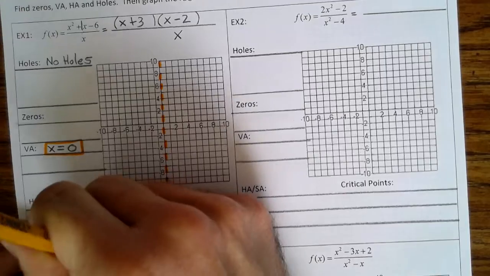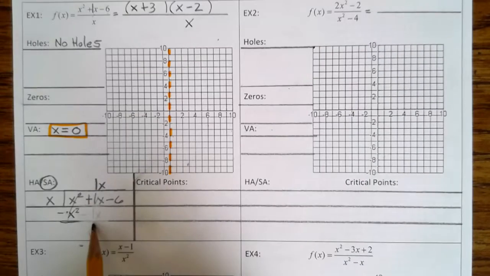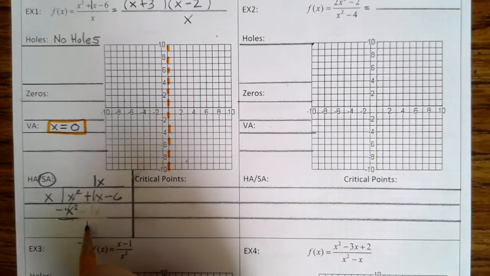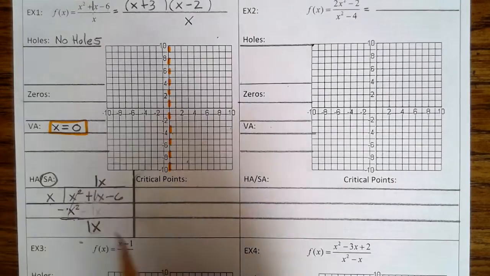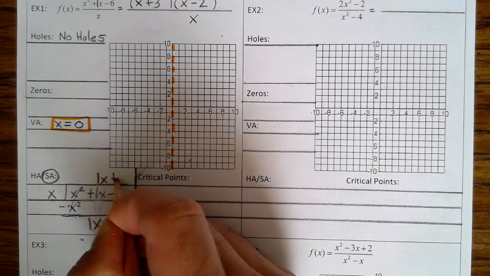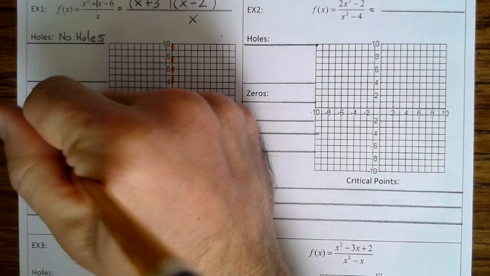That's wrong. I put a second term there, but there's only one term to subtract, so that's 0. So then you bring down 1x. Now, what do you multiply x by to give you 1x? The answer to that is plus 1. The quotient is finished, so you have a slant asymptote at y equals 1x plus 1.